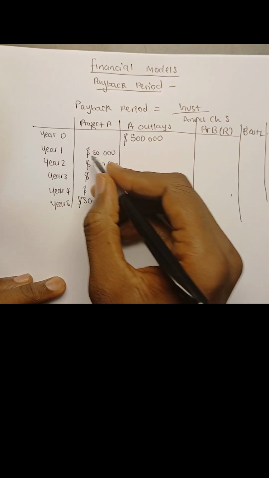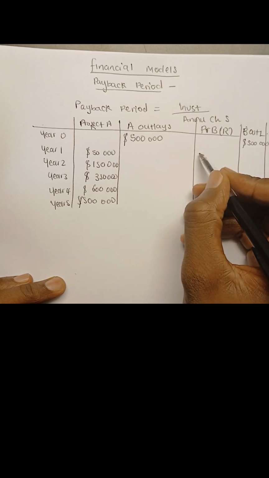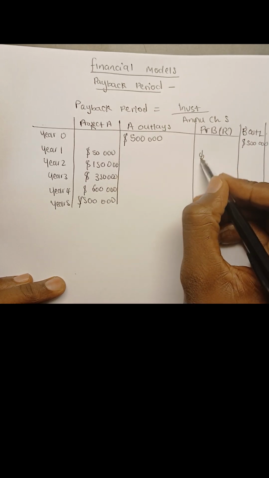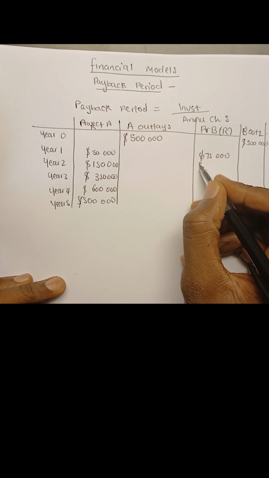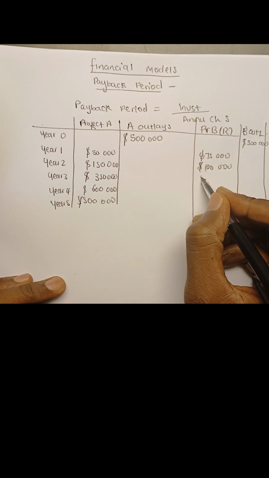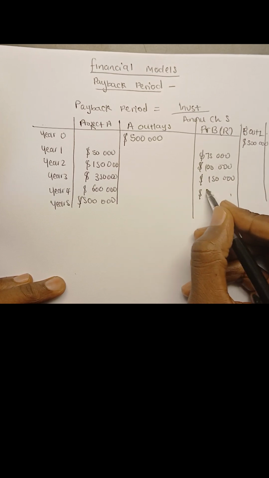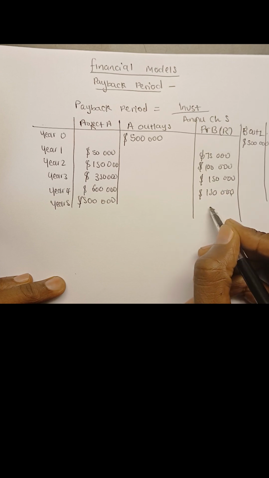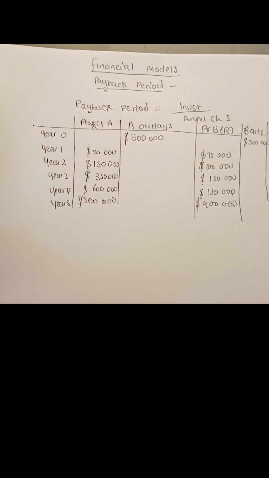So now this is the first one, so the investments are the same, right? Then you can say $75,000, and then 100,000, then 150,000, and then 150,000, and 900,000, right?